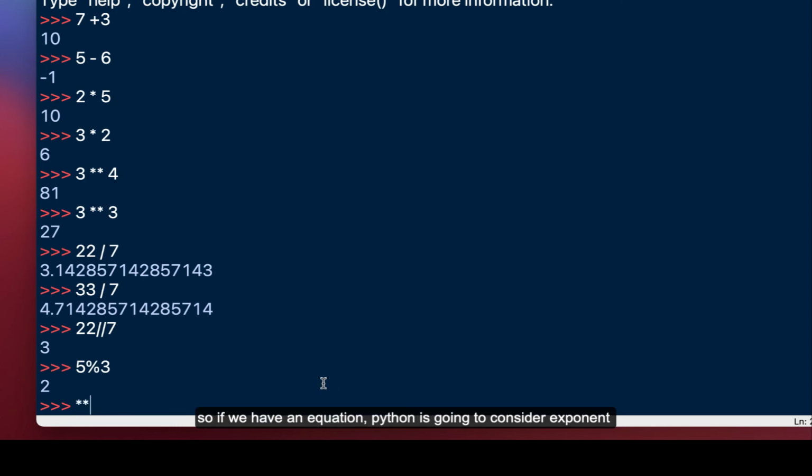So if we have an equation, Python is going to consider exponents first, and it will move to the multiplication, later to division, then the division which returns an integer, and move to the modulus before it comes to our basic addition and the minus operator. So let's take note of this and keep that in mind.